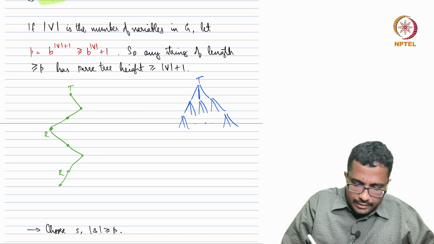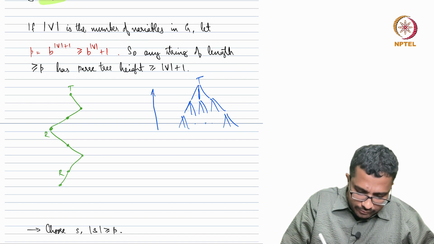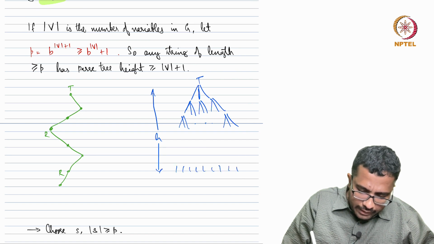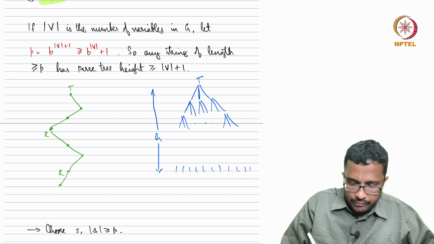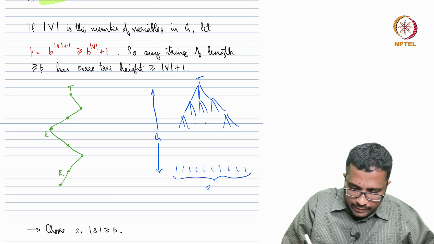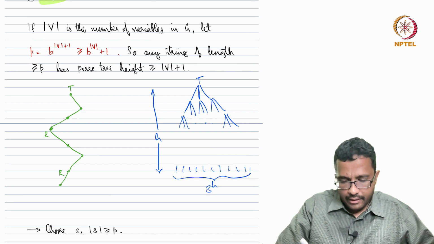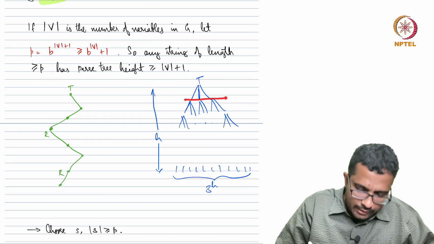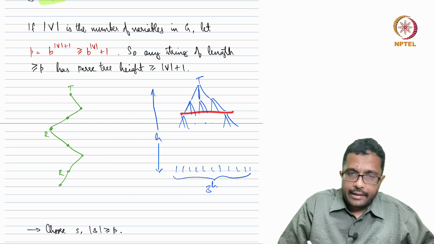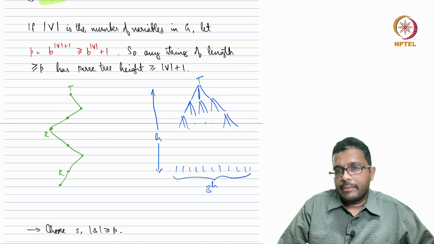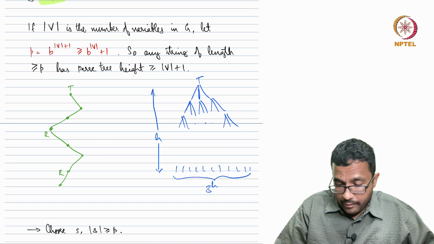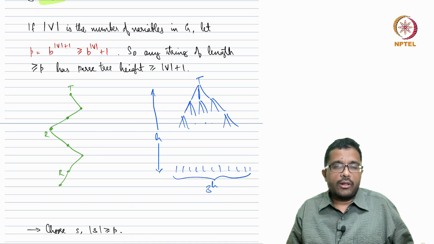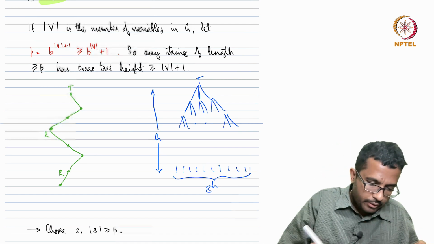If the height is h, at the end we will generate a string of length 3 power h. Because after the first level there are 3 symbols, and at the second level there are 9 symbols. So every time it gets multiplied by 3, but it need not get multiplied by 3; it may get multiplied by something smaller. But we want to give an upper bound.